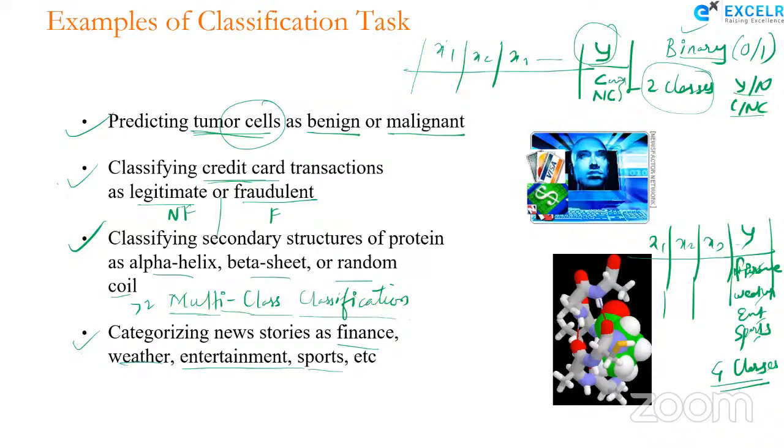Is that fine, Rohit? It all depends on how many classes there are in your target variable. If you just have two classes, whether a cell is cancerous or non-cancerous. A data record, a data point, as we call it, one single row, can only belong to one of the classes, be it multi-class or binary classification.